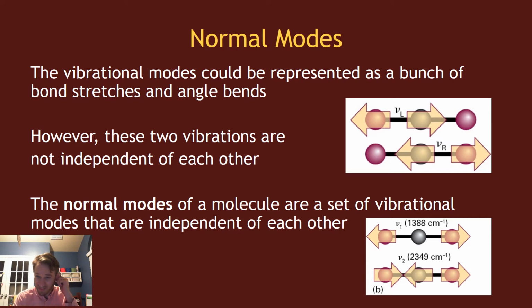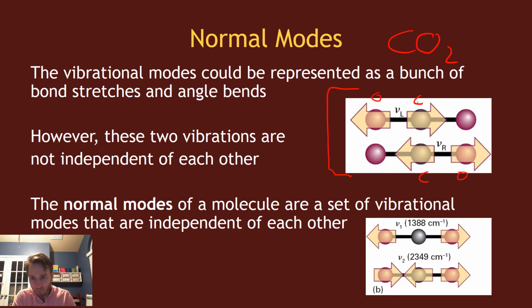For example, I have this CO2 molecule here. I could do these 2 vibrations that are plotted up top, where I could be vibrating my bond between this carbon and this oxygen, or vibrating my bond between this carbon and this oxygen.